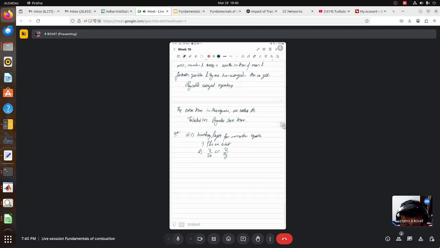Then if you write the partial equation, that is dou by dou t of rho u plus dou by dou x of rho u u plus dou by dou y of rho u v, which is nothing but dou by dou y of mu dou u by dou y.